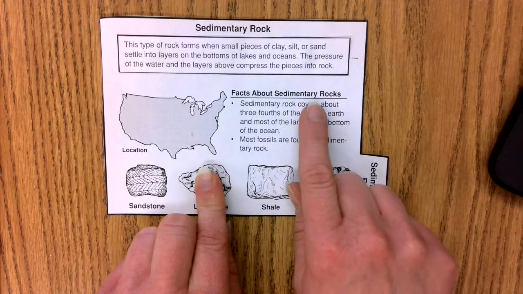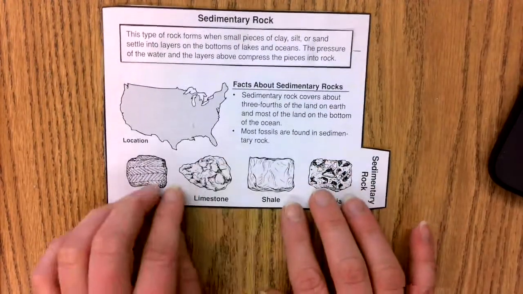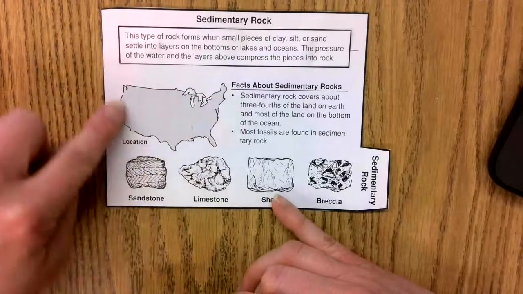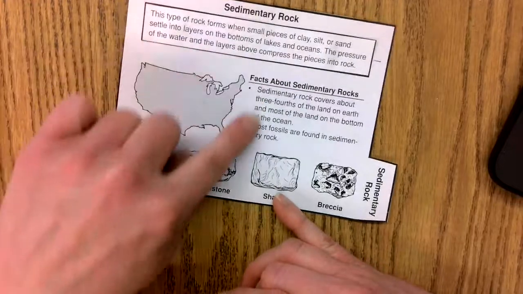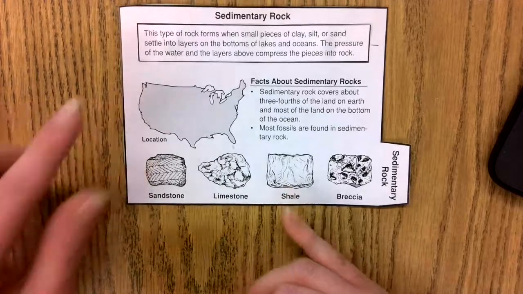So there's a lot of sedimentary rock. And most fossils are found in sedimentary rock. Remember, a sedimentary rock is layered. The examples show that sedimentary rock can be found all over the United States. That's why the whole United States is colored.